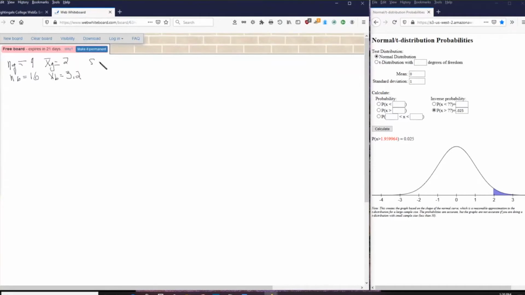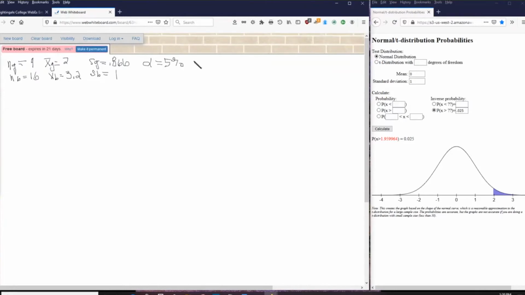Our sample standard deviation of the girls is 0.866. Sample standard deviation of the boys is 1. And then we got that our significance level is at 5%.